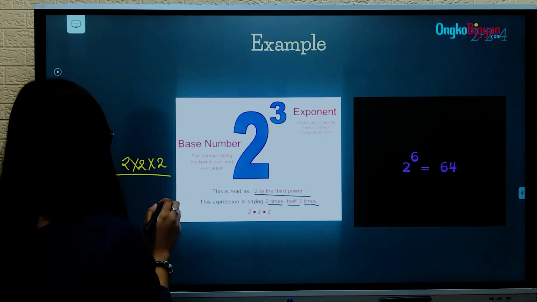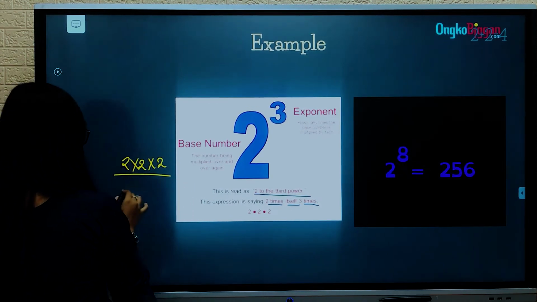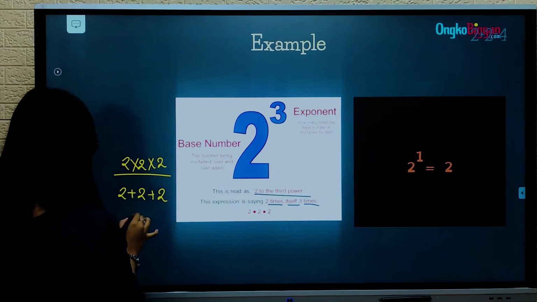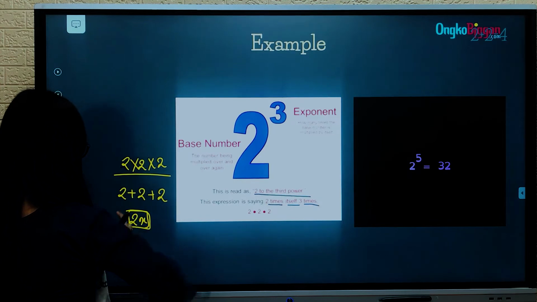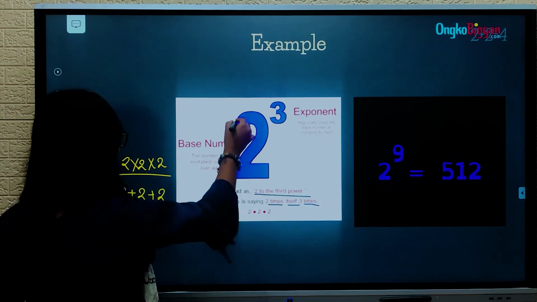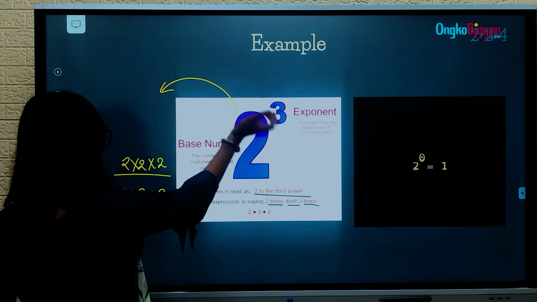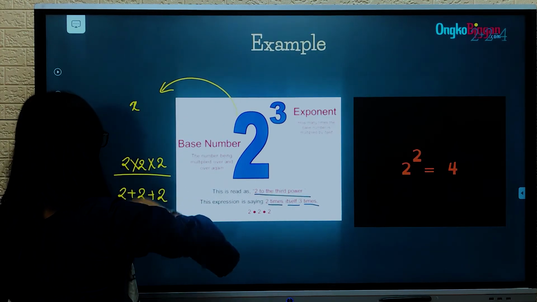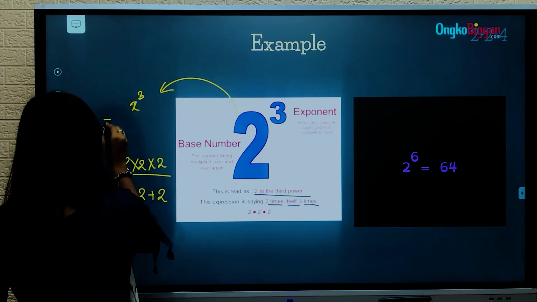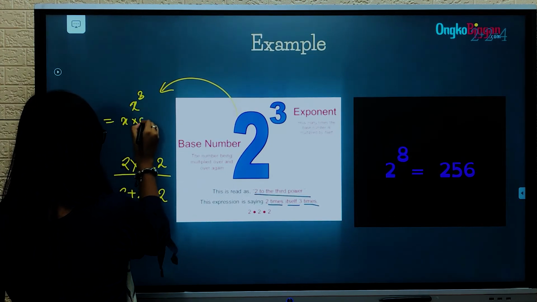So don't get confused with 2 plus 2 plus 2, or 2x. It's not like that. If we consider the base number as x and the power is 3, it means x to the power 3, which is x into x into x.